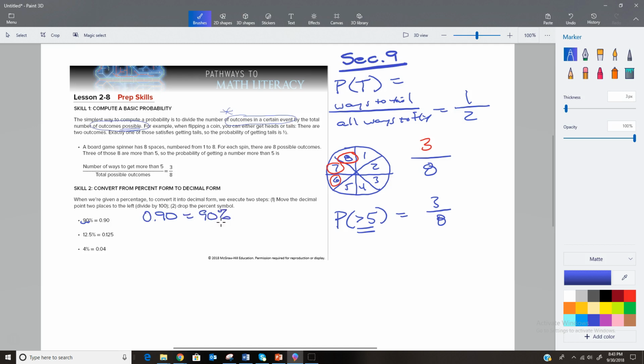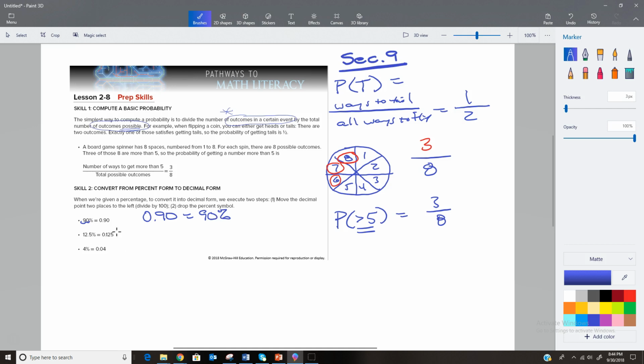If you're in a percentage and you're trying to go back to a decimal, you're going to go to the left 2 spots. It's like dividing by 100. When you go from a decimal to a percent, you multiply by 100. Then if you're going back, you move it left. It's like dividing by 100.